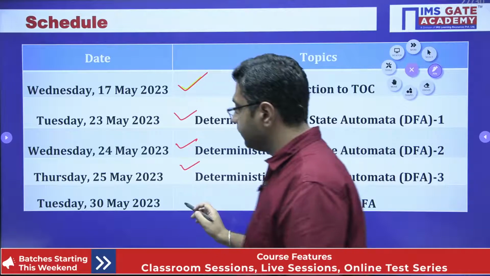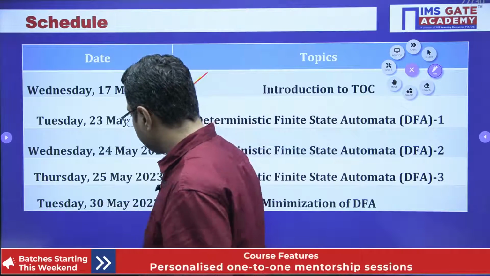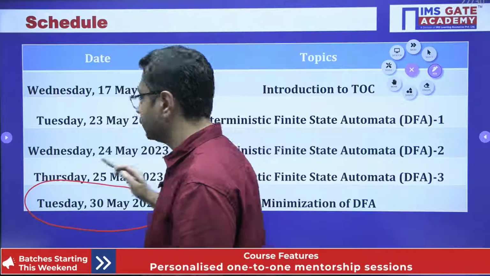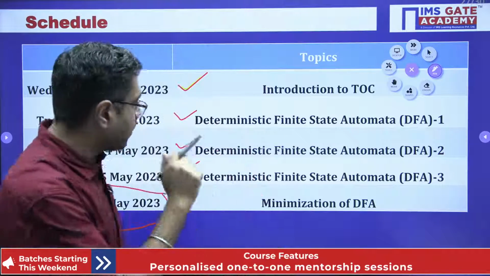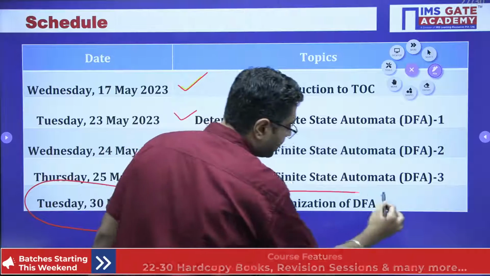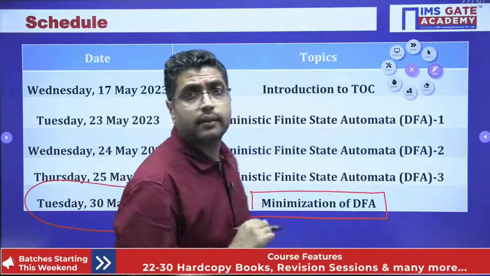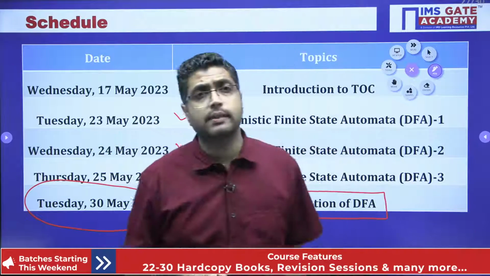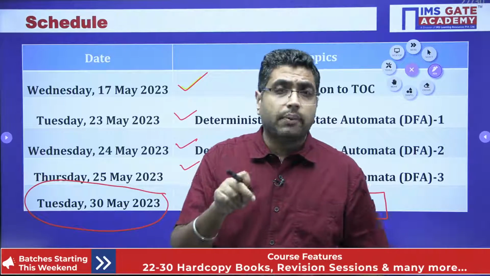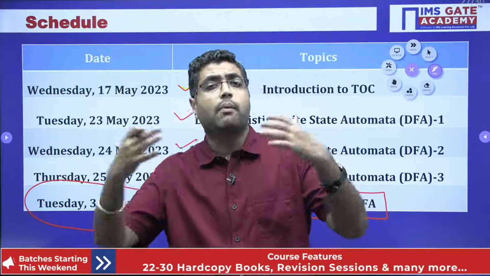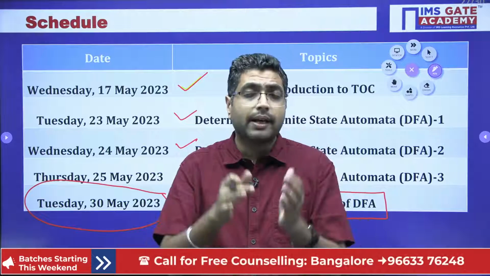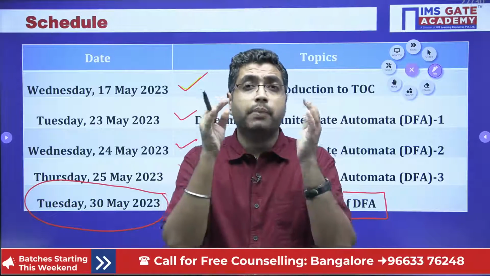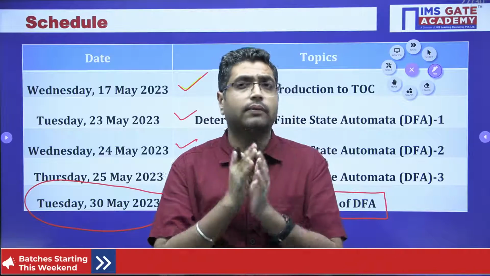Then we'll have the next session next week on 30th of May, wherein we'll discuss the concept of minimization of DFAs. What does that mean? For example, the DFA that you have got has a higher number of states. If you want to get the minimal DFA, is there an algorithm for the same?